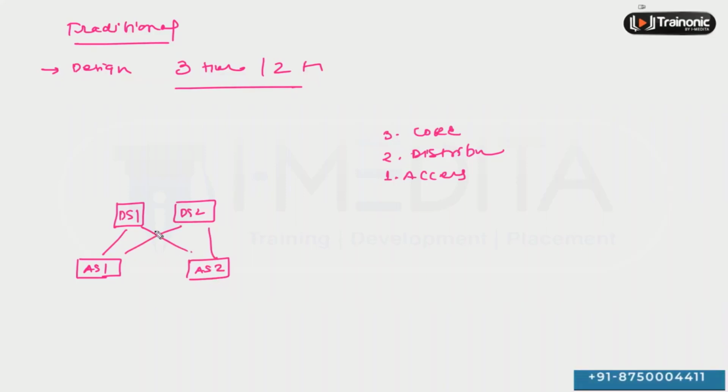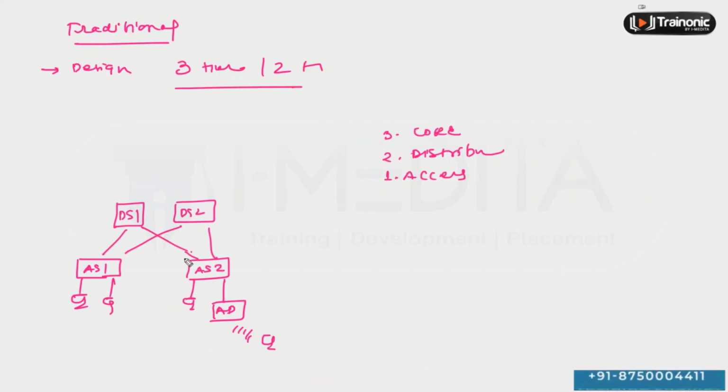Access layer switch 2 is going to be connected with distribution layer switch 1 and 2. Here we used to have the end devices. They could be wired or wireless devices. We could have some sort of access points here from where we can have the wireless devices connected as well. We can have some voice over IP devices, VoIP phones, and those things we can connect at the end.